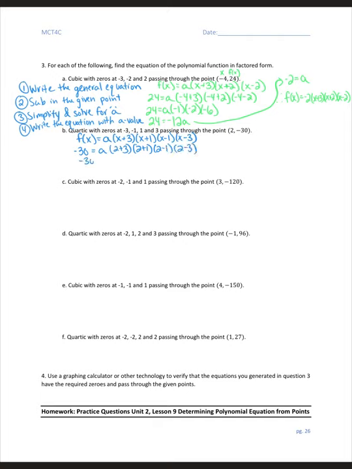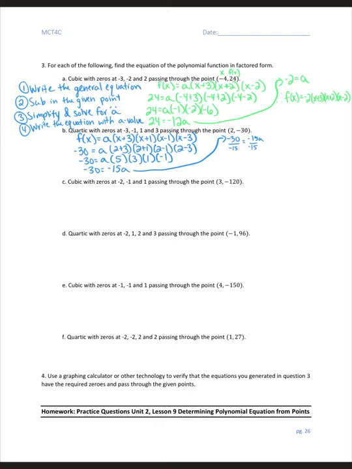And then we will simplify and solve for a. So 2 plus 3 is 5, 2 plus 1 is 3, 2 minus 1 is 1, and 2 minus 3 is a negative 1. So if we multiply all of those, we should get a negative 15a. And we'll come up here to solve again. So we're going to divide both sides by a negative 15 in order to isolate a.